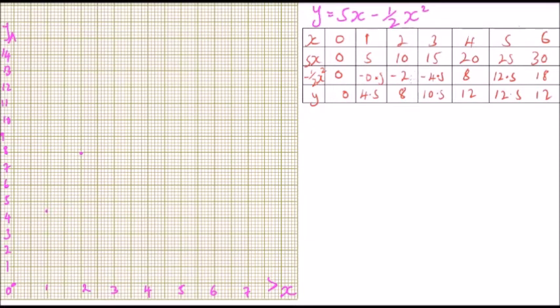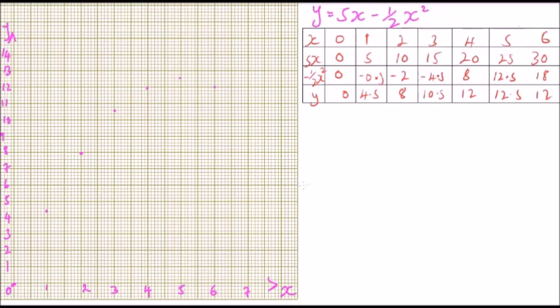Then when x is 3, it's 10.5, so put it there. Then when x is 4, y is 12. When x is 5, it is 12.5. When x is 6, y is 12. So we have our points.